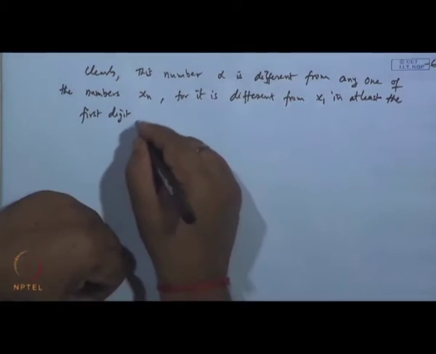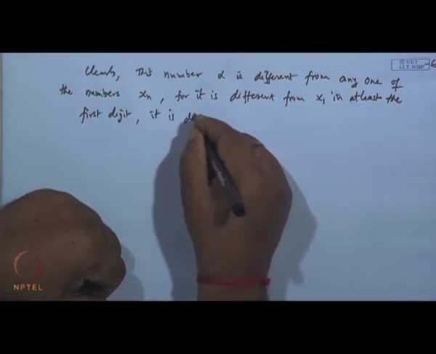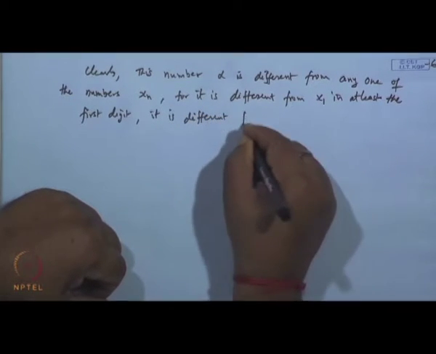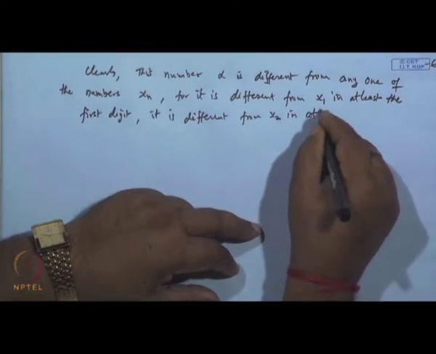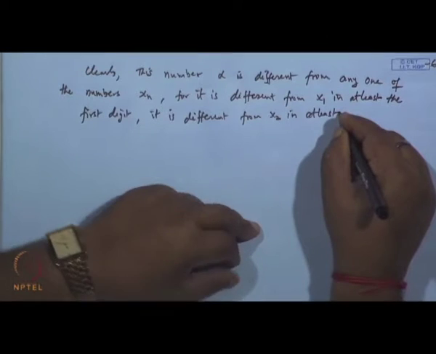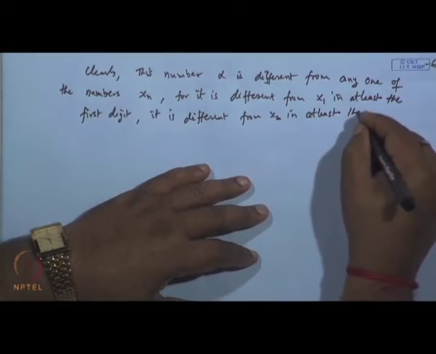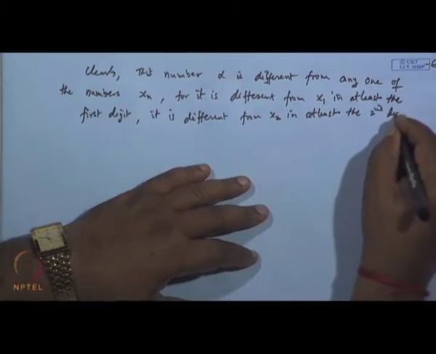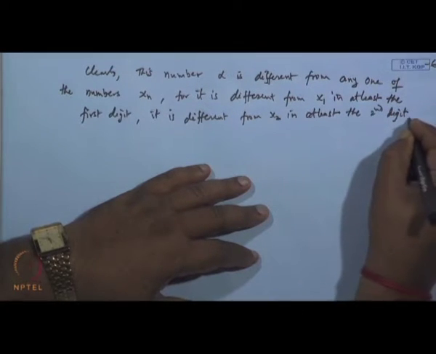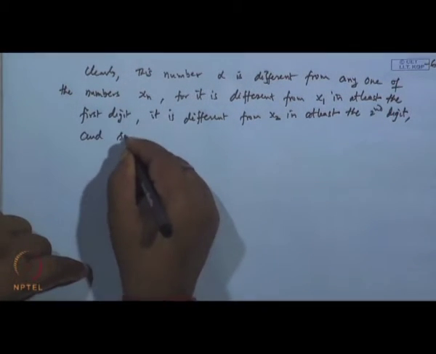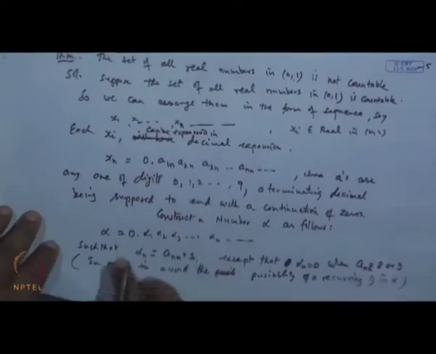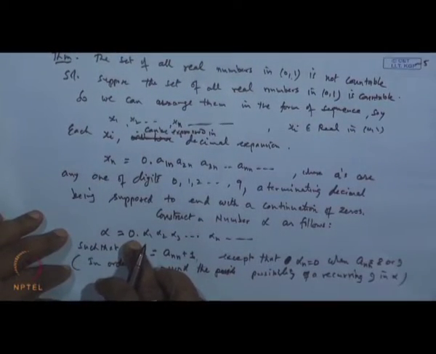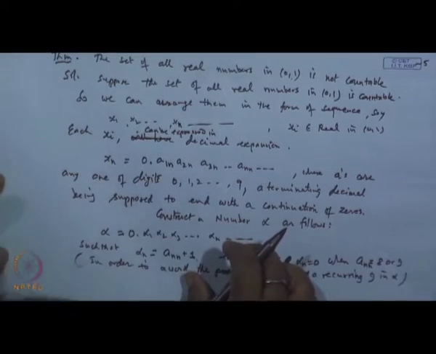It is different from x 2 in at least the second digit, and so on. But alpha has a decimal expansion where the integer part is 0, meaning all the terms are less than 1, lying between 0 and 1.